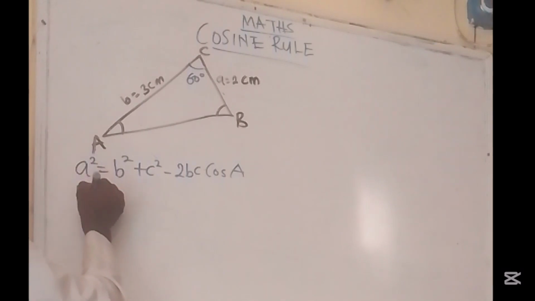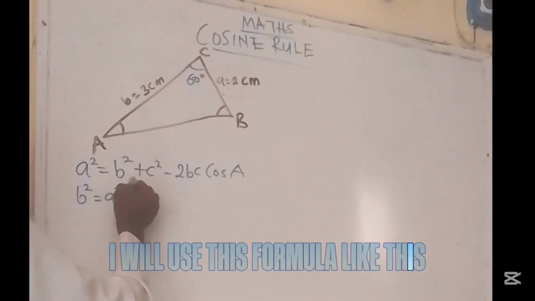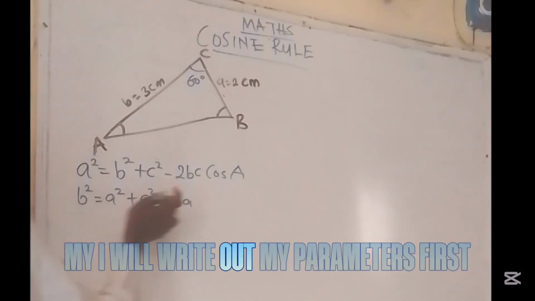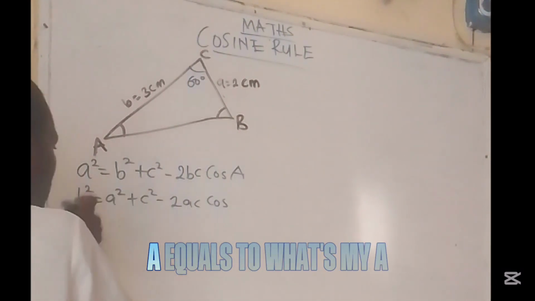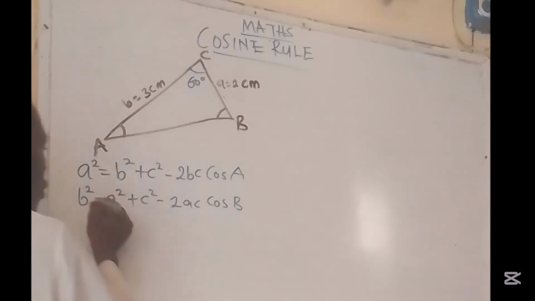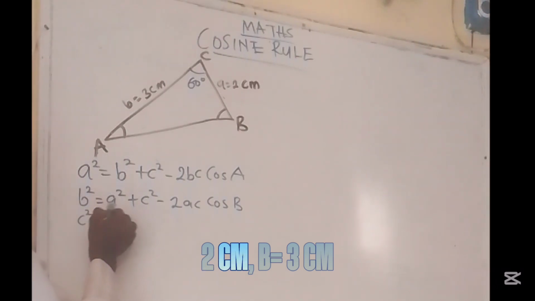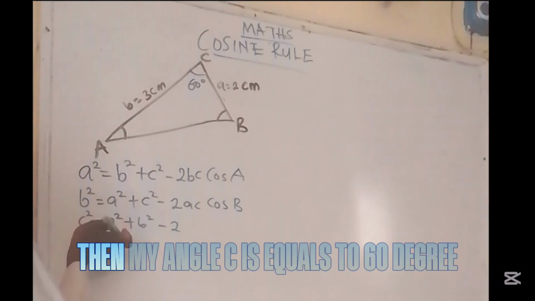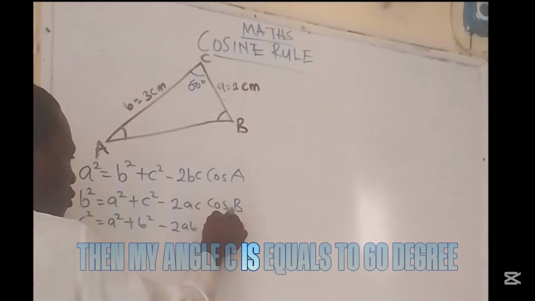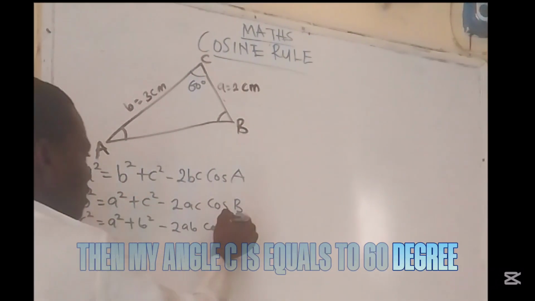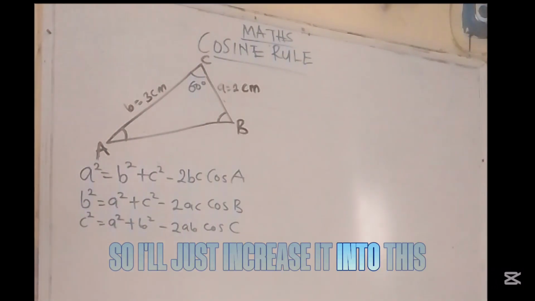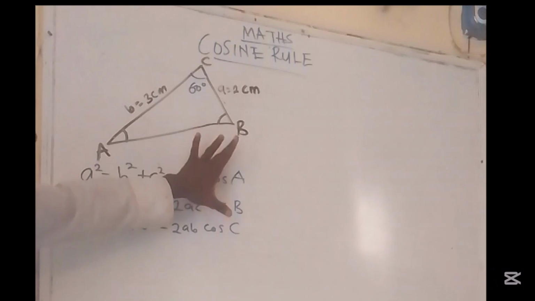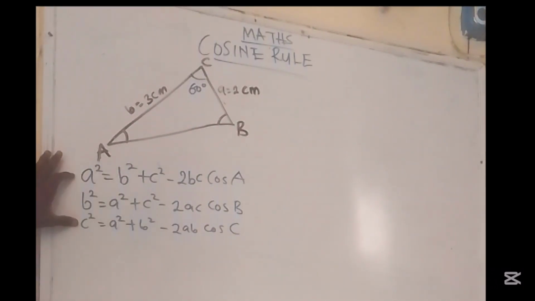Or b square equals a square plus c square minus 2ac cos B. Or c square equals a square plus b square minus 2ab cos C. The capital letters are the angles, while the small letters are the sides.